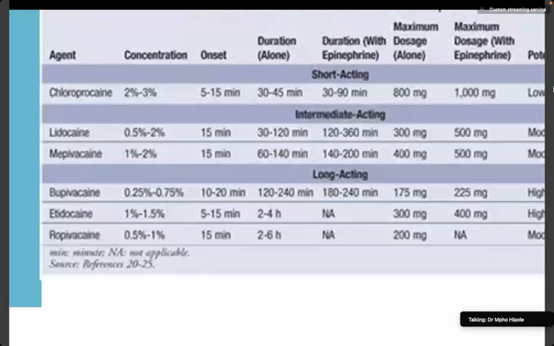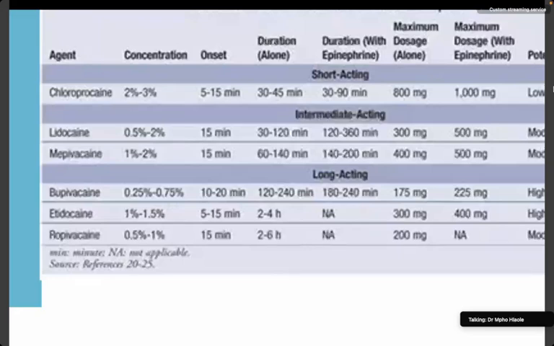Those are the concentrations that they advise that you use and roughly the onset of action that you expect and the duration of action that they roughly give you. You notice that bupivacaine gives you quite a lot of time, 120 to 240 minutes. And if you add epinephrine or adrenaline, it gives you even more time, but not really that much because it's still 120 to 240. But you also have maximum doses that you can use on the patients as well.